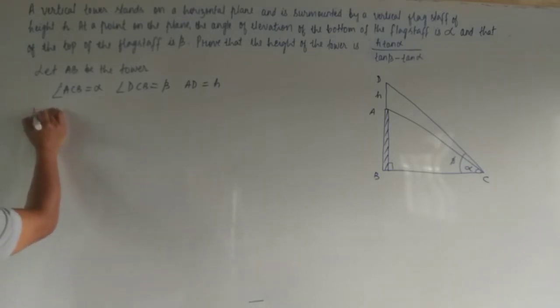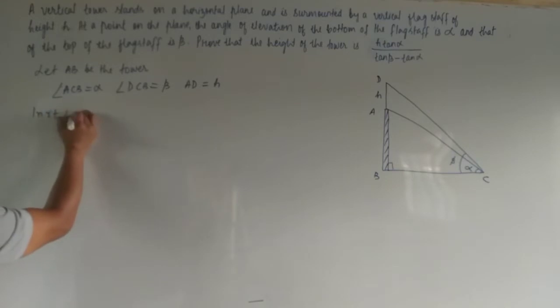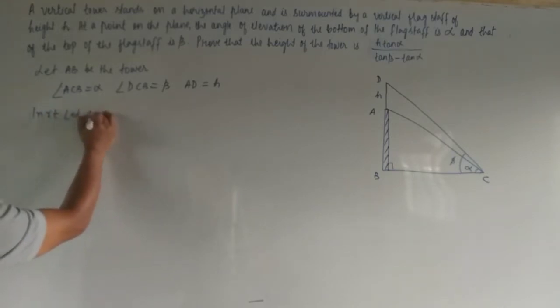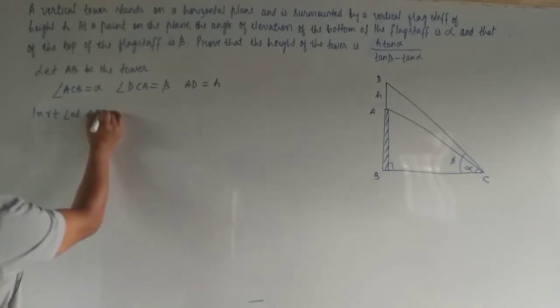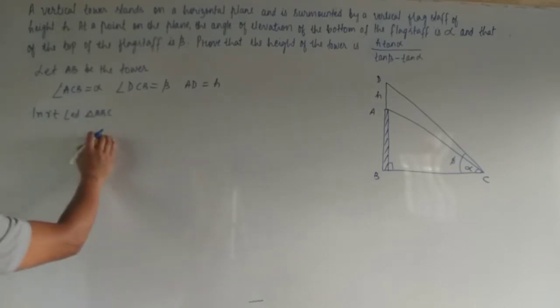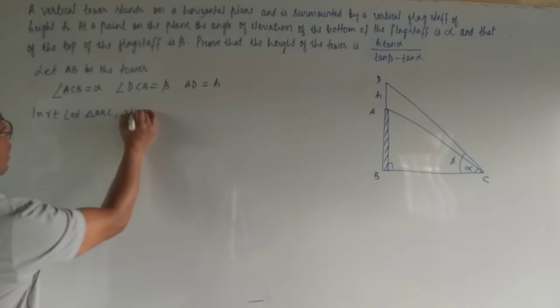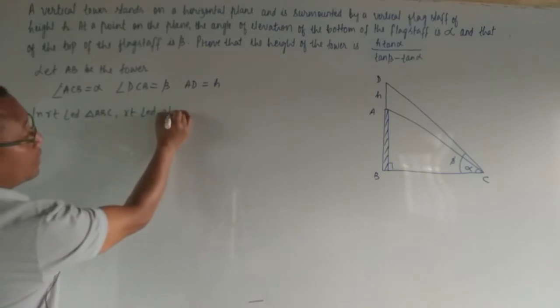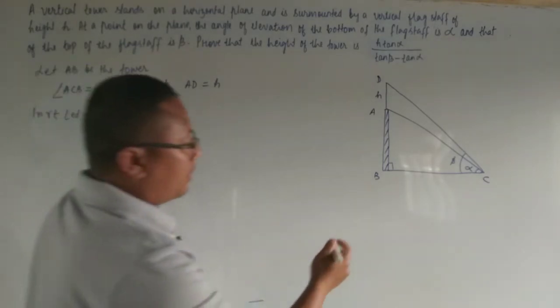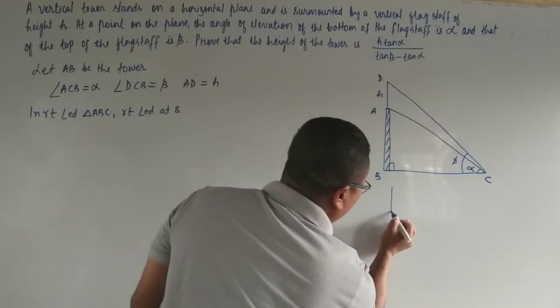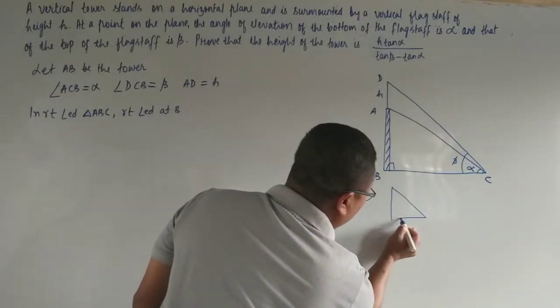So in right angle triangle ABC, right angle at B. You can always separate the figure to make your solution easy.